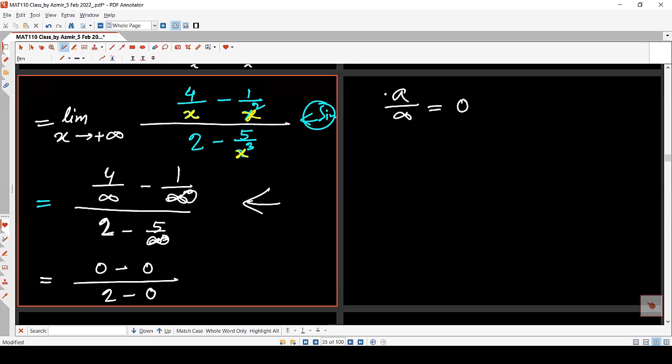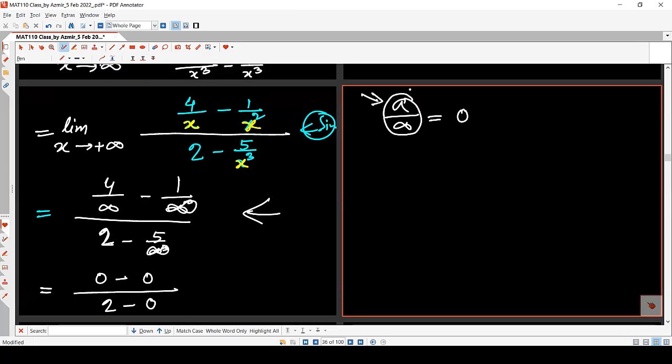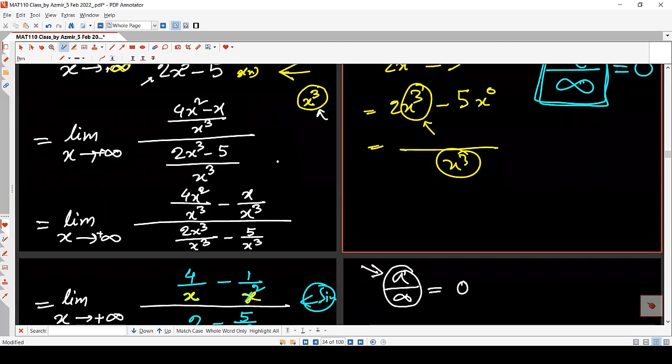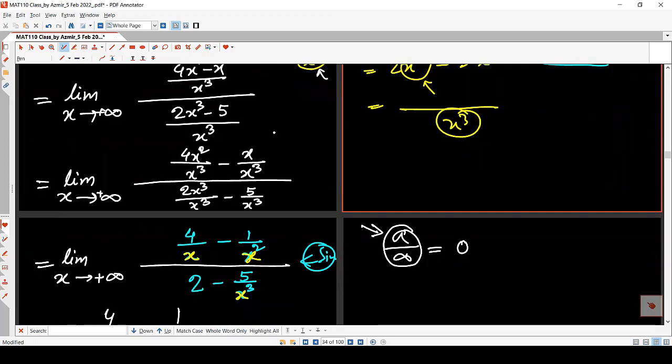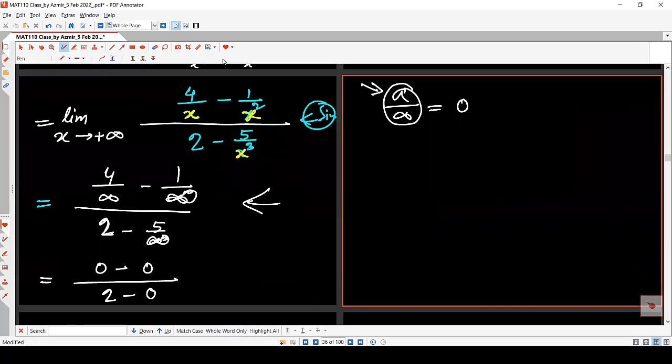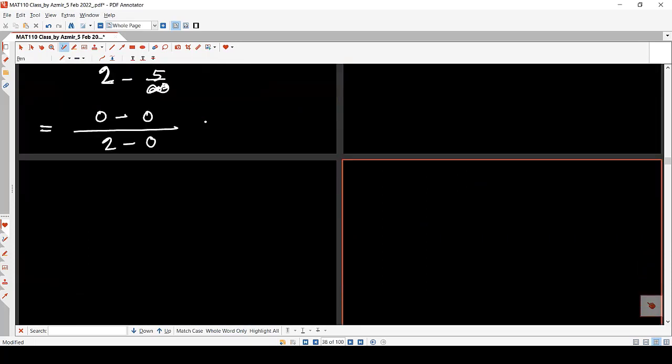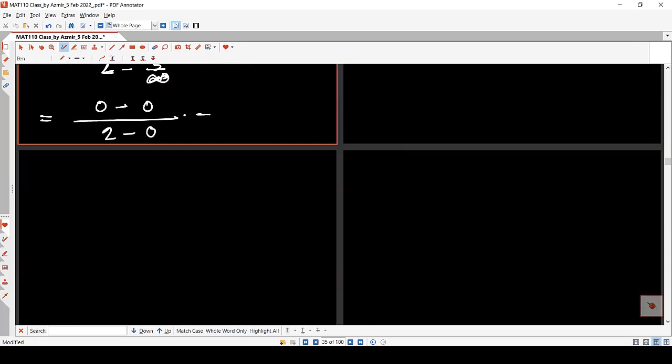So our target is to form this term. That's why we have divided by the highest power of x that occurs in the denominator. So always remember this. Now you can see that it is actually 0 minus 0, that is 0. 2 minus 0 is 2. So we have 0 divided by 2, that is 0. So it is a finite value.